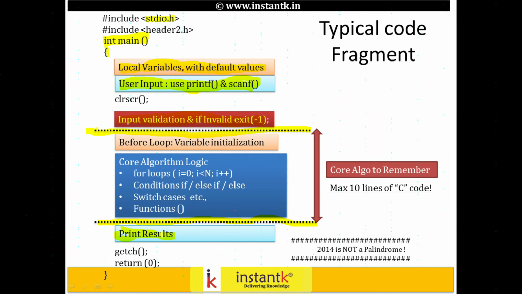So in this programming laboratory video, let's concentrate only on the core algo, because that's where you need support. Be comfortable with all this input and output, and let's worry about what is within these dotted lines. Again, I'm assuring you the core algo, I'm going to limit to 10 lines.